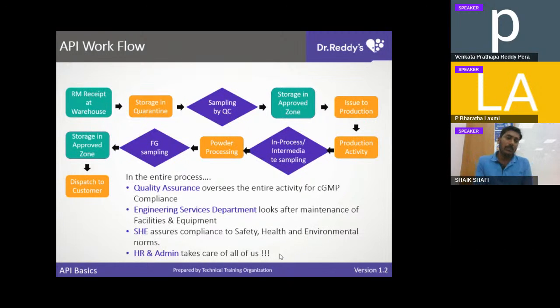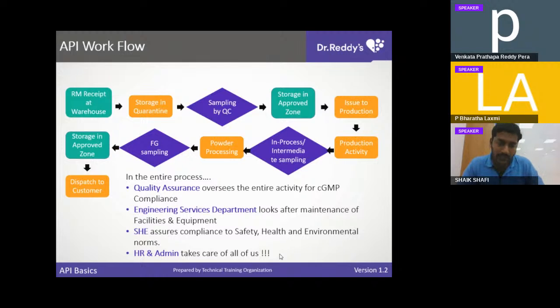Here, the workflow of API. We take raw materials from outside and store them at the warehouse. The warehouse people send a notification to quality control, who come and take a sample. Until analysis is done, the material is in the quarantine zone and no one should use it.